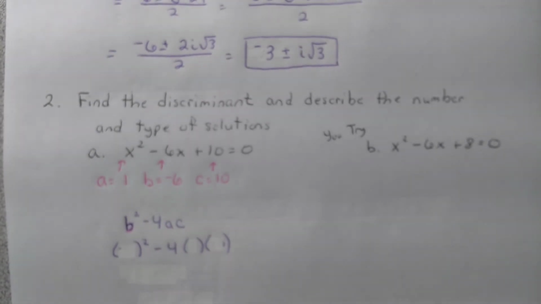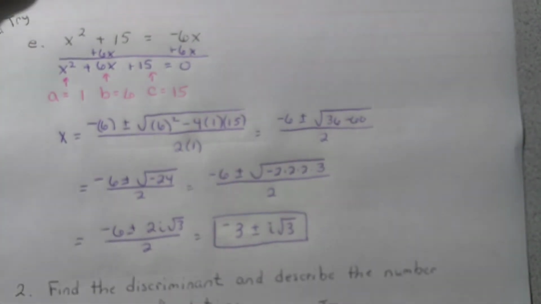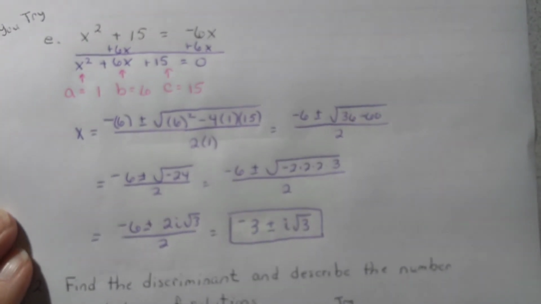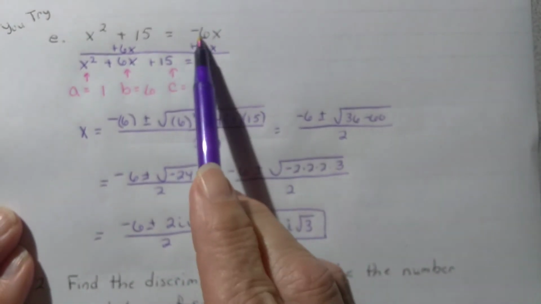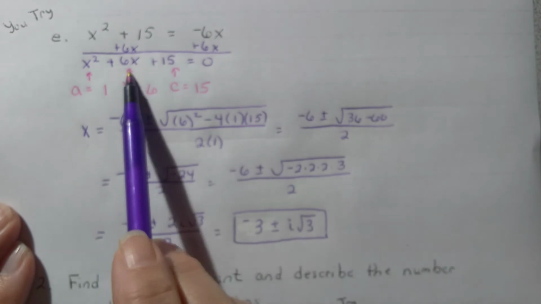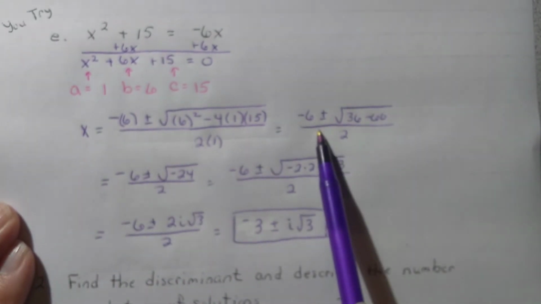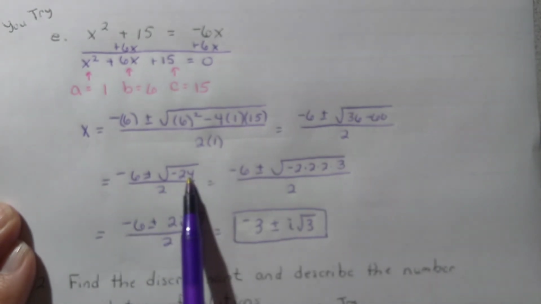Okay, welcome back, and let's take a look at this. Okay, to get rid of this negative 6x, I have to add it to both sides. So I have my A and my B and my C. Plugging them into the correct locations, I end up with this.